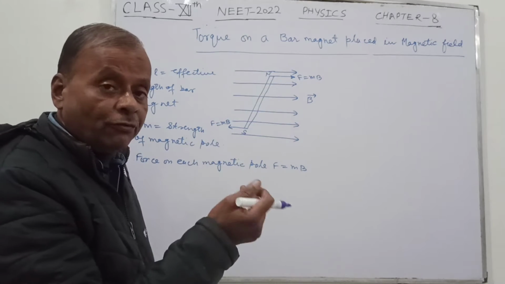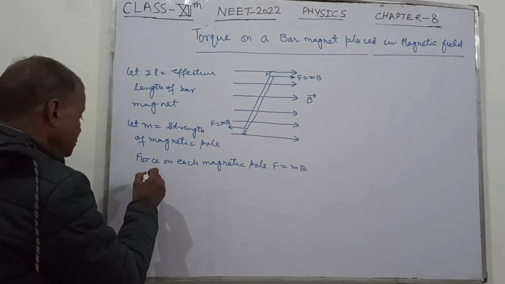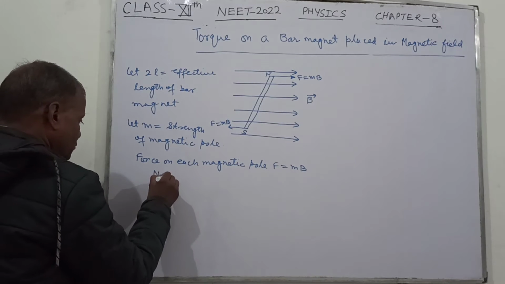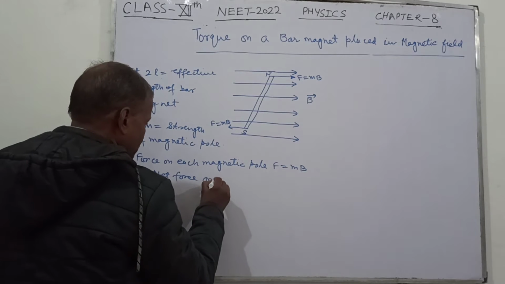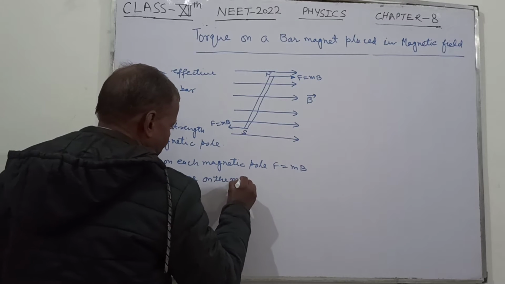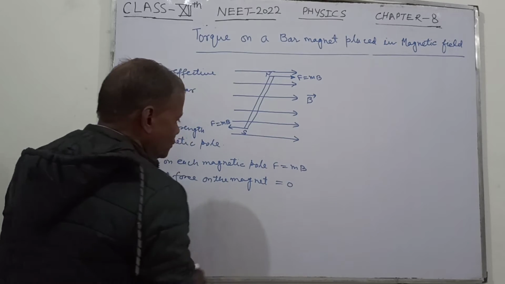Now these forces are equal and opposite, so net force on the magnet is 0.